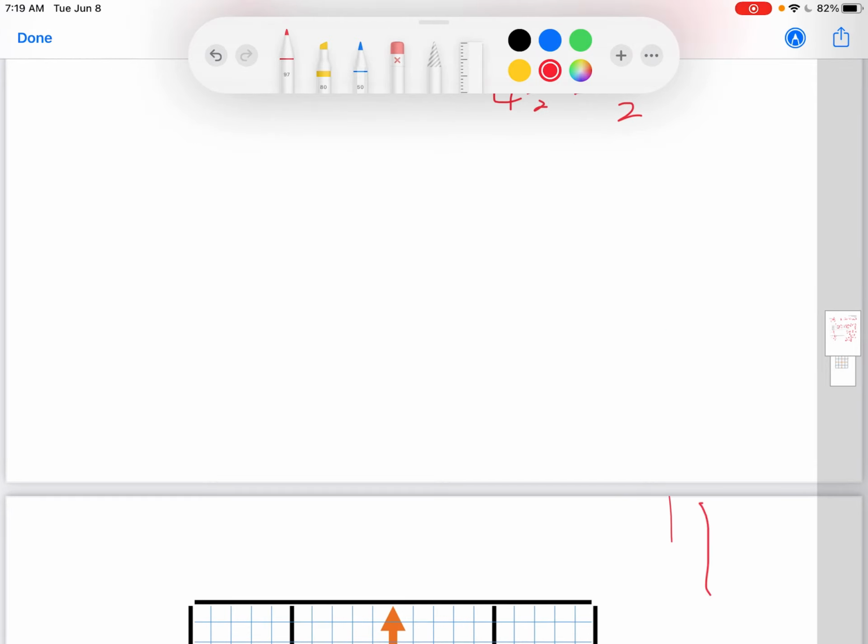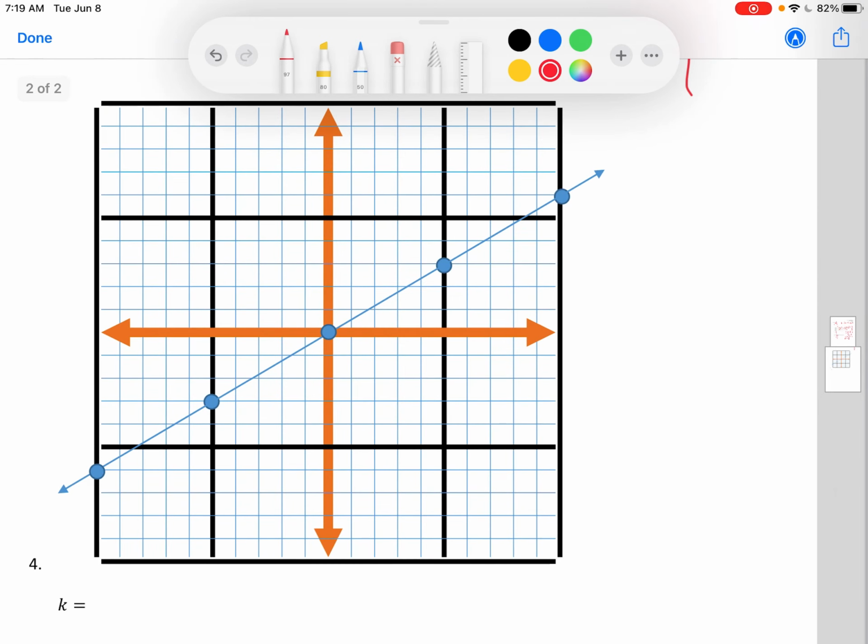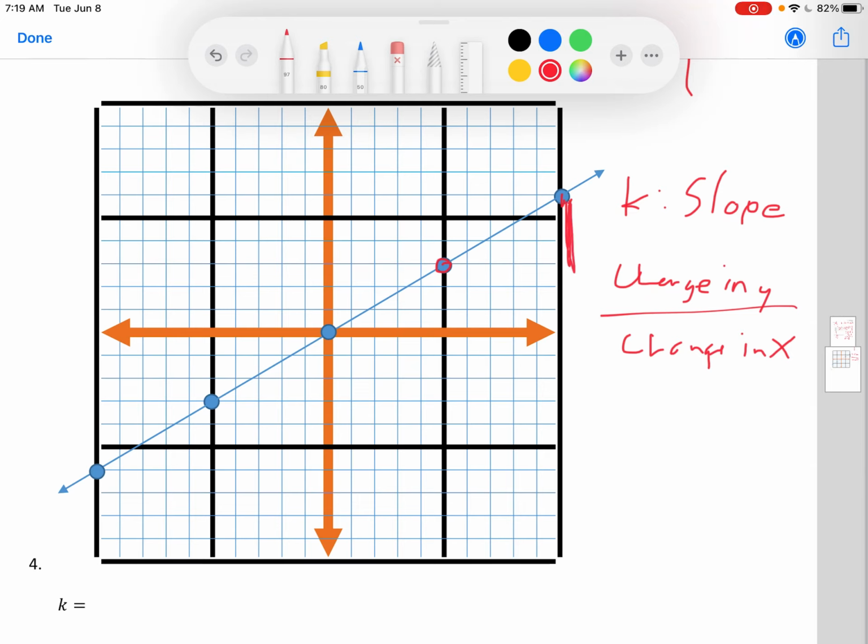All right, last one. This is a graph. K in this case is the slope. It is the change in y over the change in x. So, here is a point, here is a point. How much up and down does it go? It goes 3 up and down. How much left and right does it go? It goes 5.